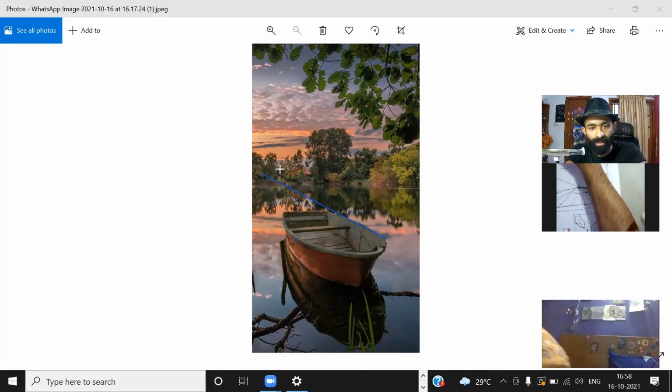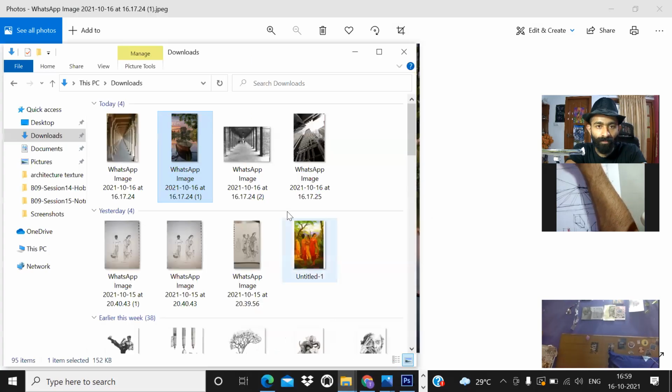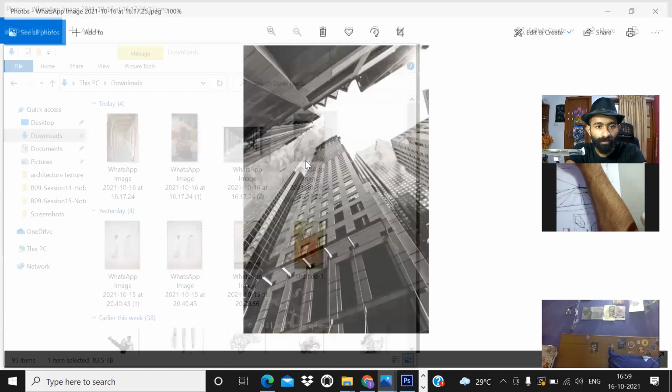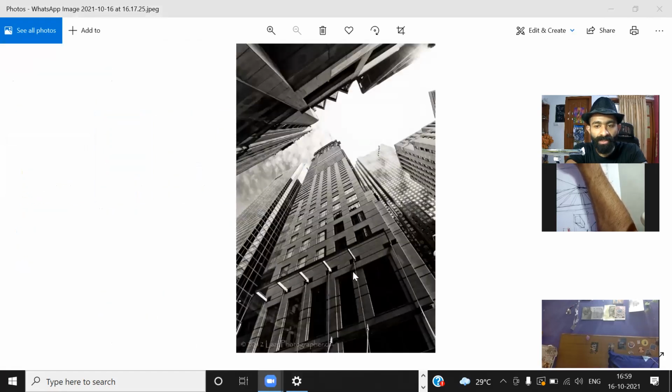Or let's look at something else. Notice how in this, the buildings, these parallel edges that I'm seeing, how they're meeting towards a vanishing point.